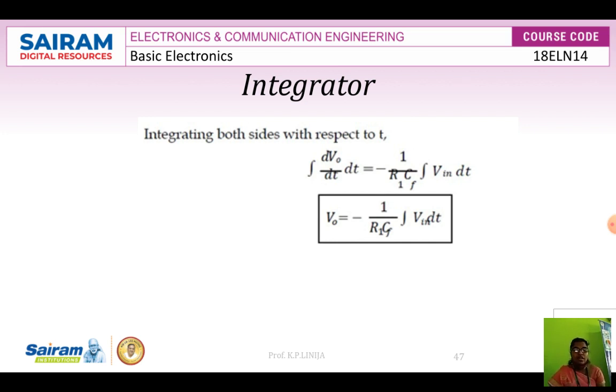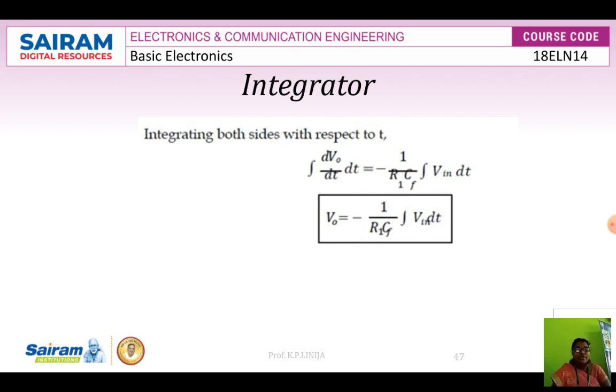The main application of the integrator is that it can be used in measurement and control applications, and it plays a vital role in the engineering field as well as in scientific work. Therefore, the integrator produces the integrated value of the input signal with respect to time.